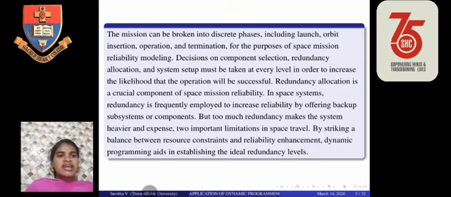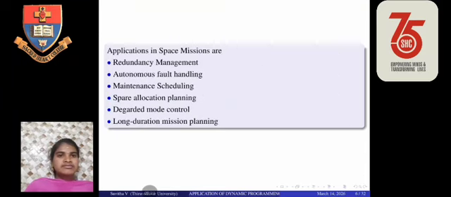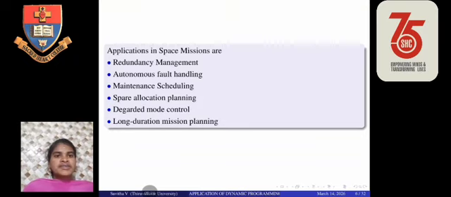Dynamic programming aids in establishing the ideal redundancy levels. Applications in space missions are redundancy management, autonomous fault handling, maintenance scheduling, spare allocation planning, degraded mode control, and long duration mission planning.